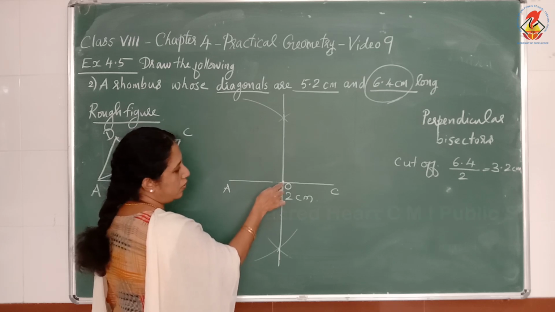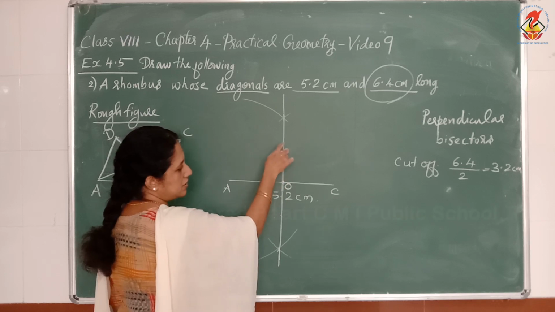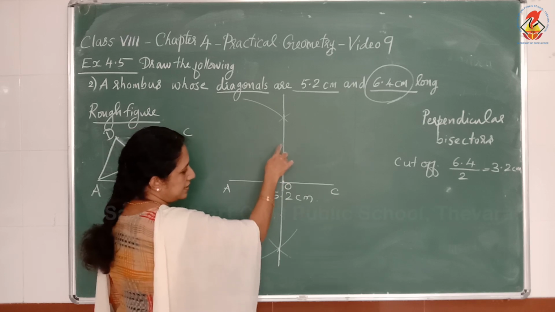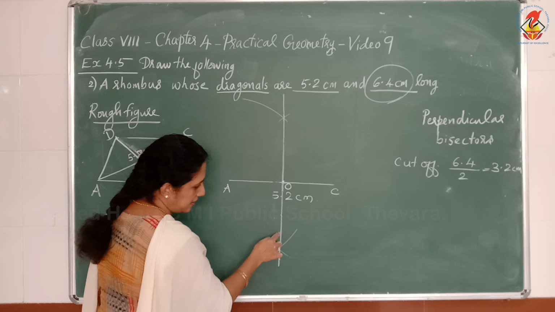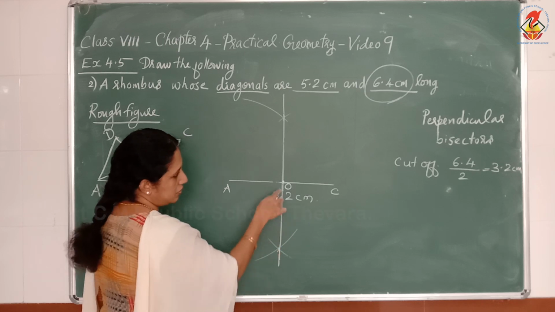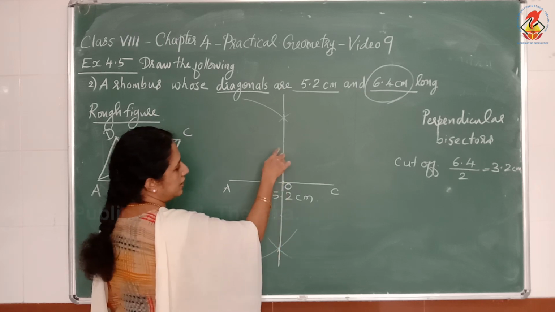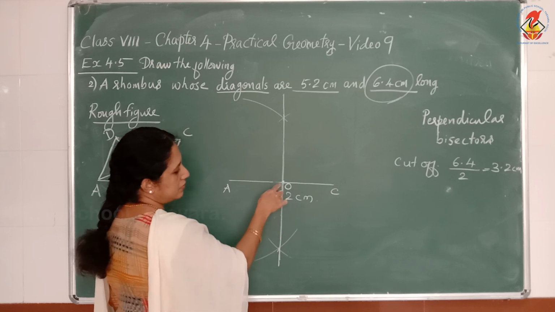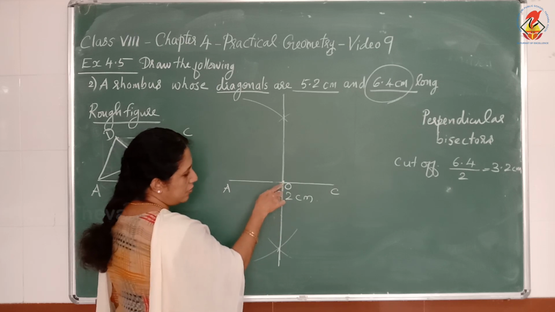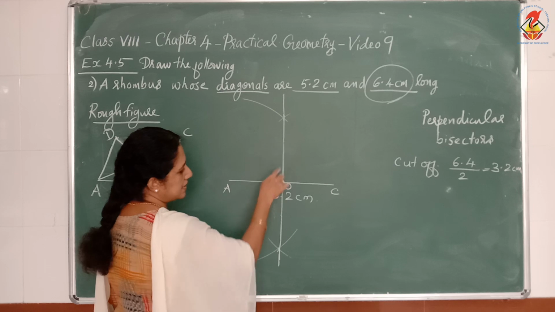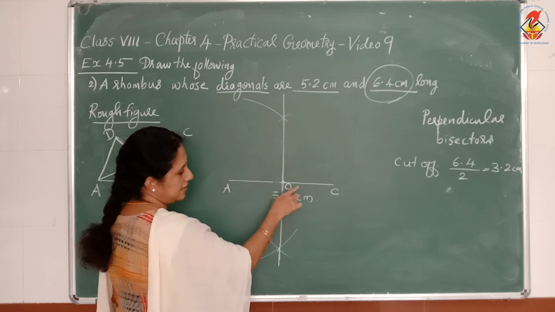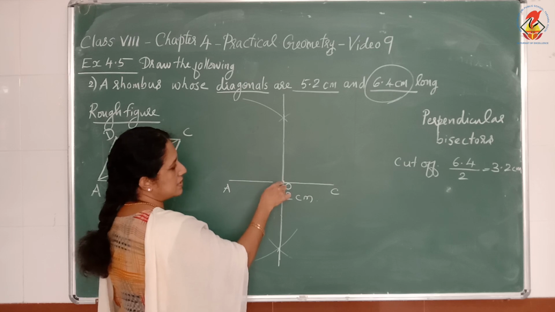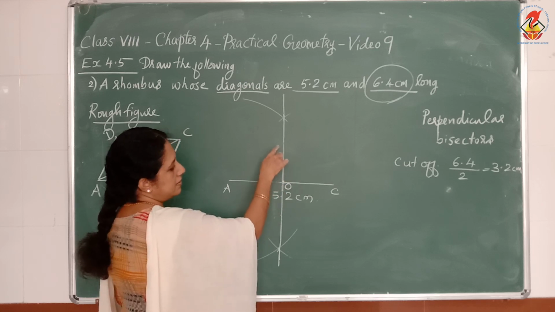So from O, measure 3.2 centimeter in the upward direction as well as 3.2 centimeter in the downward direction. O is the meeting point of the bisector with the diagonal AC. Then from O, measure 3.2 centimeter.